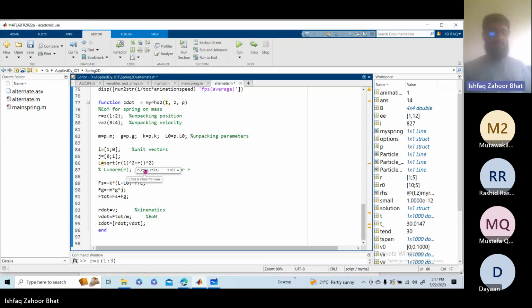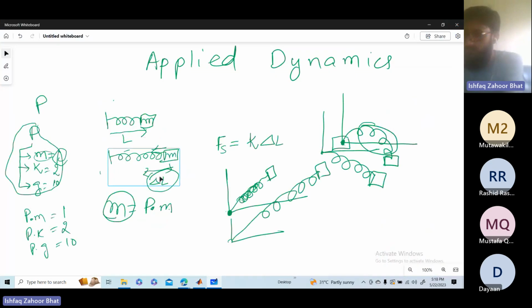So I can also use this. I think this is more understandable to you, because if we have a vector R, let us go back to this whiteboard. Basically we have this vector R, and L is nothing but mod of R, which I say as norm of R. This mod of R is nothing but its x and y components.